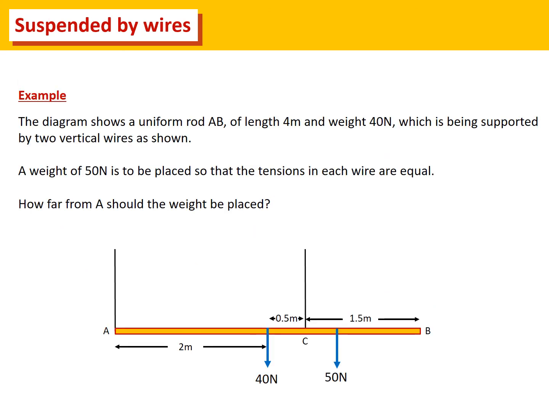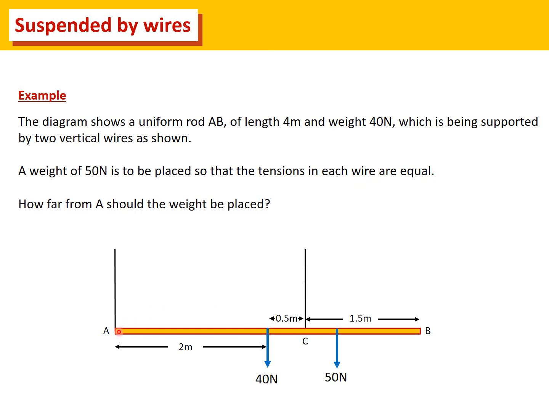In this example where the rod is suspended by wires, although it's different from the previous example with the two supports, once we put the forces on, the force diagram is exactly the same. So what you have to understand is that the wires are in tension, and it tells us that these tensions are going to be equal.